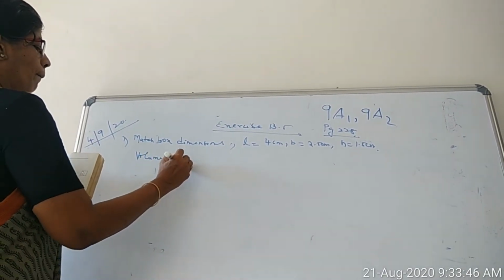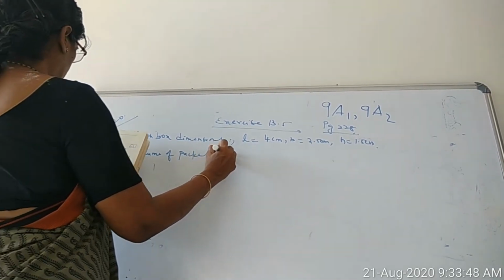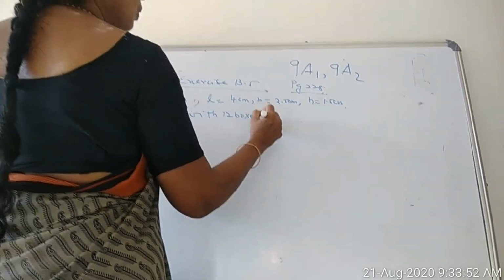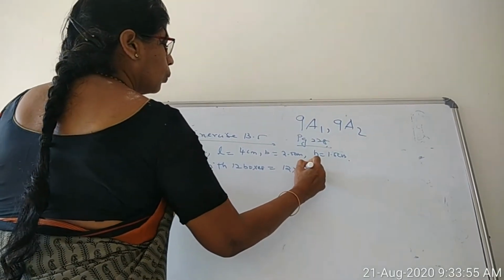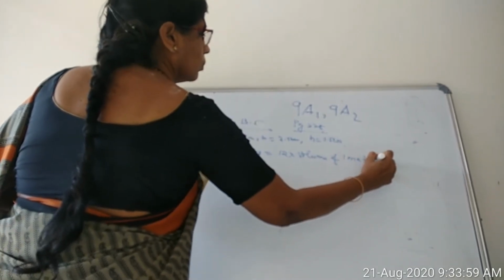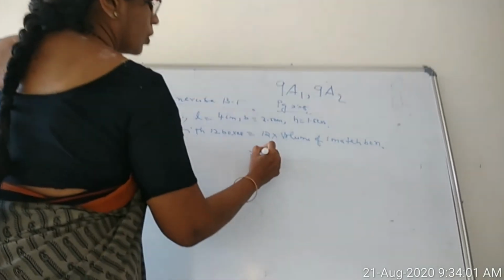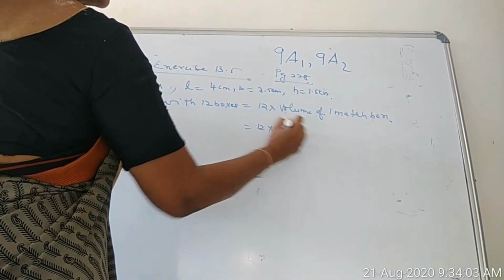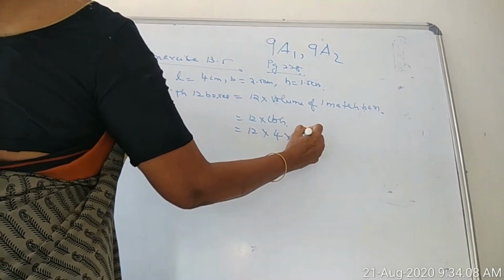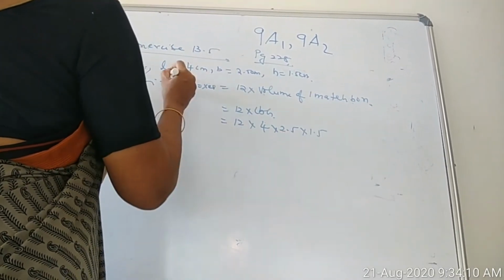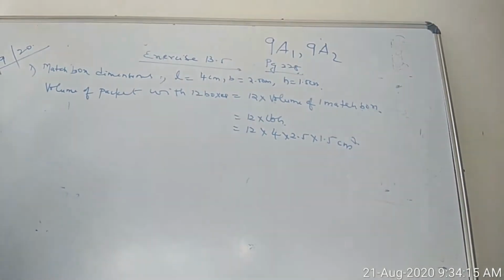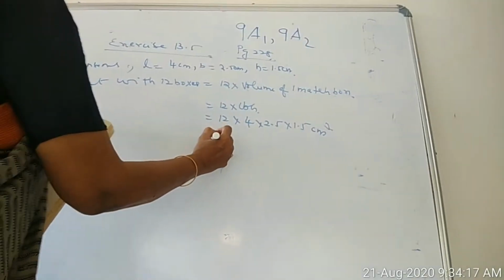Volume of packet with 12 boxes is equal to 12 into volume of one matchbox, 12 into LBH. Substitute your values, children. 4 into 2.5 into 1.5. Because the dimensions are in centimeters, children, volume will be in centimeters cube.